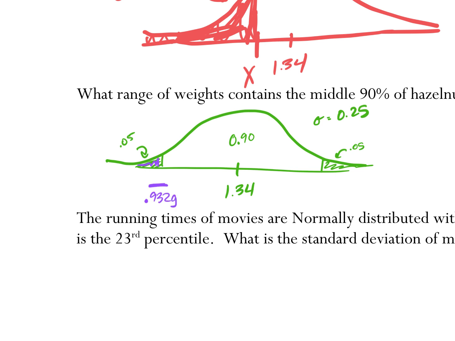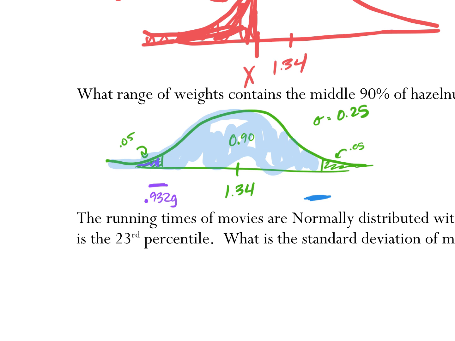And then this value, what is the area to the left of that value, of the upper one? You guys with me that it is 95%? Because it's the 90% plus the 5% tail. Now, some of your calculators allow you to just put in 0.9 for the center. That's just fine.